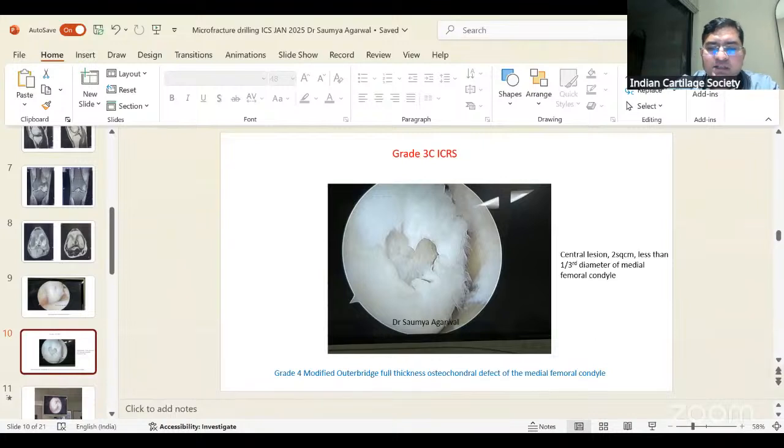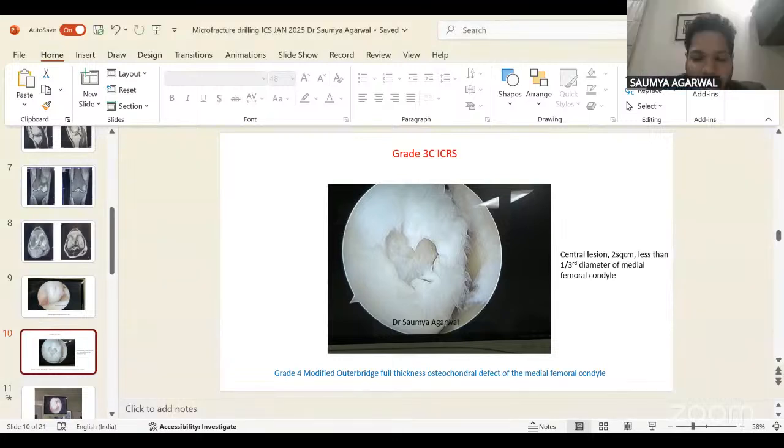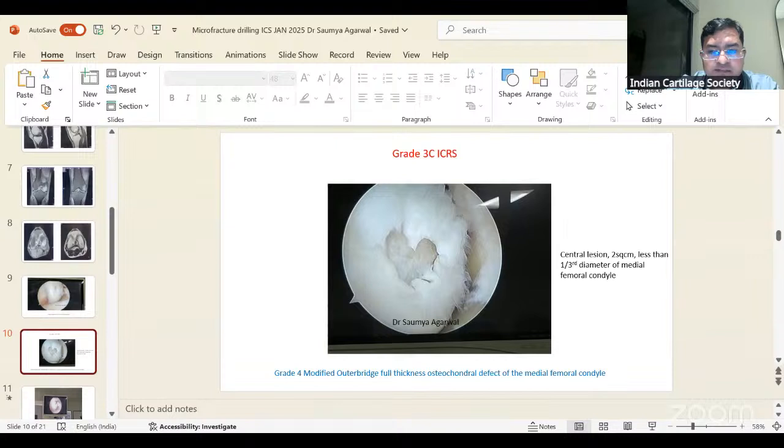So the first thing is the alignment X-rays, to see whether this is due to some biomechanical issues. And the second thing is the vascular insult, or what we call an OCD. That we need to clarify.